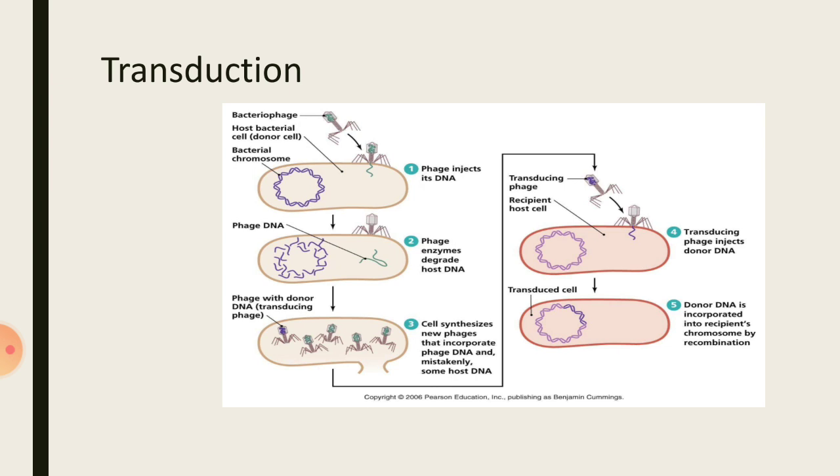Generally, there are three types of transduction: generalized transduction, specialized transduction, and abortive transduction. Abortive transduction has no usage. It transfers the gene from one bacterium to another, but it is of no use. So we must consider only generalized and specialized transduction. But here I am going to give you the general details of transduction.